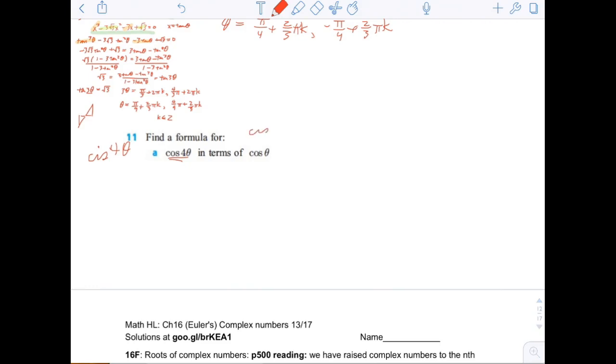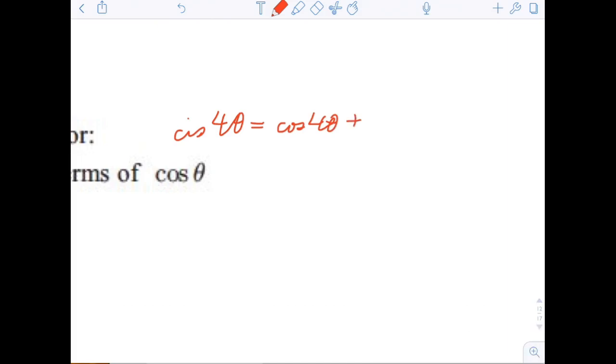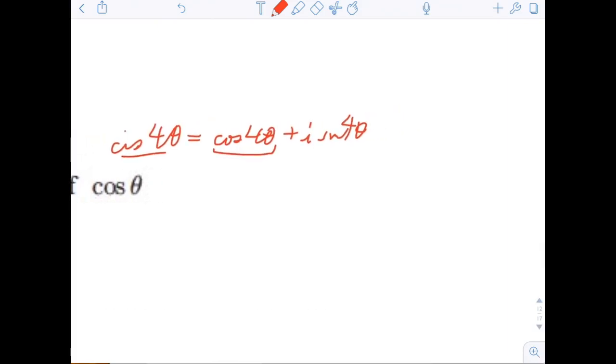Because cis 4 theta is equal to cosine 4 theta plus i sine 4 theta, right? So if we find another expression for cis 4 theta, we could just take the real part of that and it would equal cosine 4 theta, right?